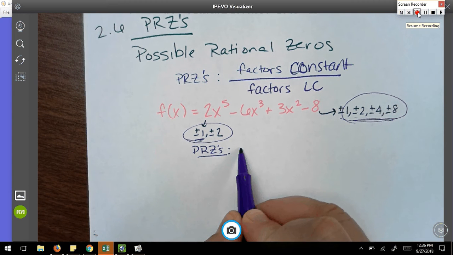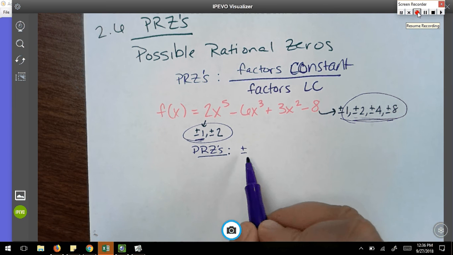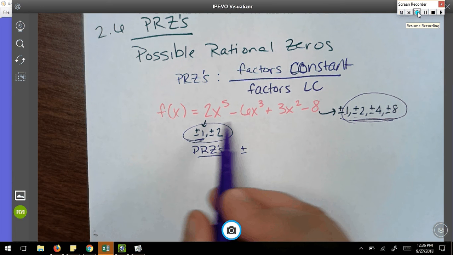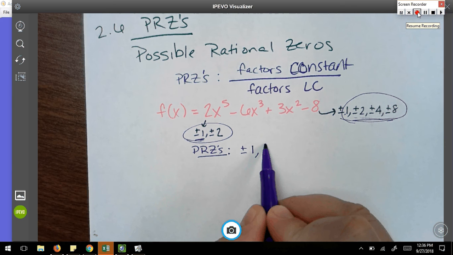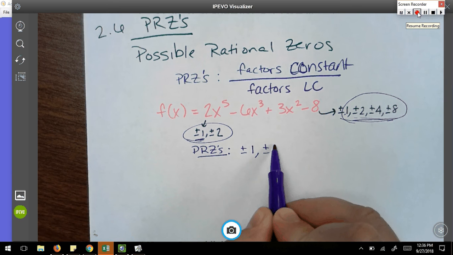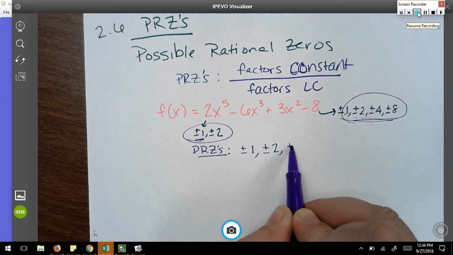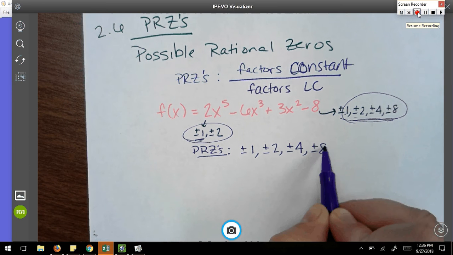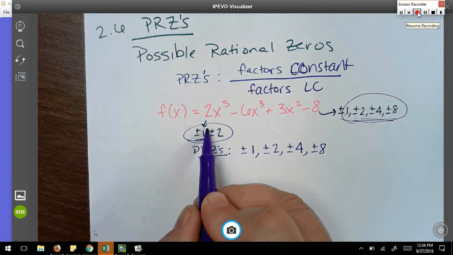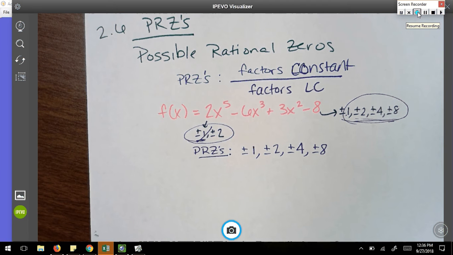We're going to do plus or minus in front of all of them, so it'll cover both. So 1 divided by 1 is 1, 2 divided by 1 is 2, 4 divided by 1 is 4, and 8 divided by 1 is 8. It's all the same thing. So now I've divided everybody by 1. Now divide everybody by 2.